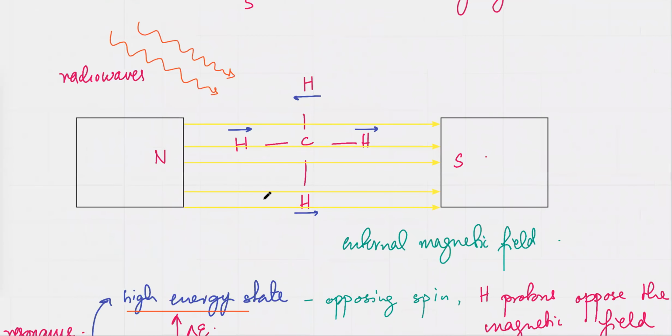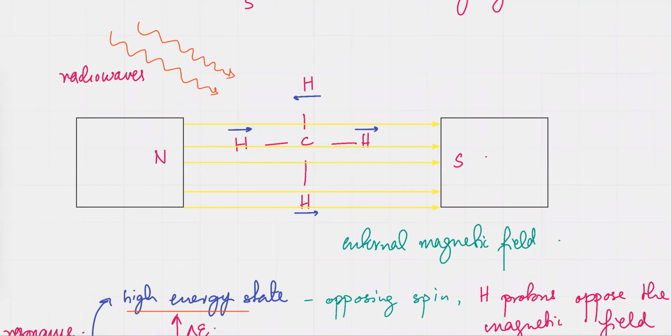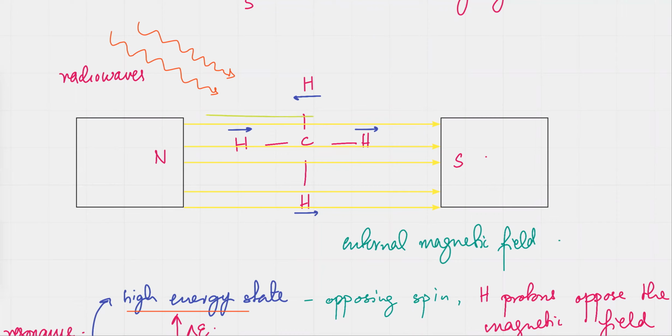Now, one factor is the external magnetic field. For example, if I increase the strength of the external magnetic field, like if I do this, so if I do this, that I increase the external magnetic field, and the external magnetic field is now a lot stronger.